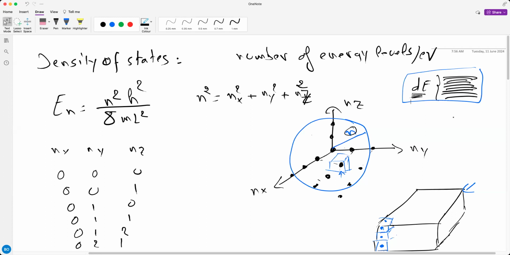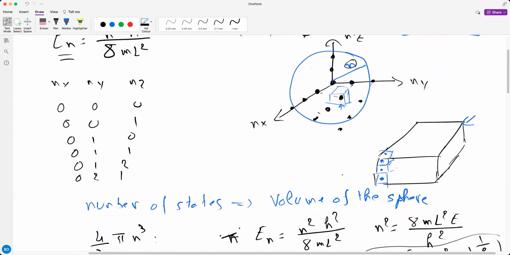So we started from the energy level of the metals that we know, with the approximation from the solution of Schrödinger's equation. And we defined a sphere. The sphere gives us the number of states that have energy less than, or the integer number less than n, which means an energy less than E, because for each set of integers, there is a number of energy corresponding to it.